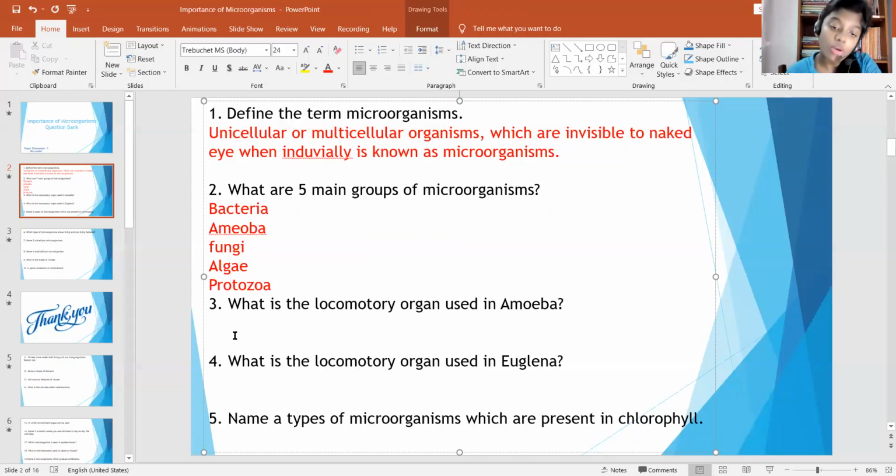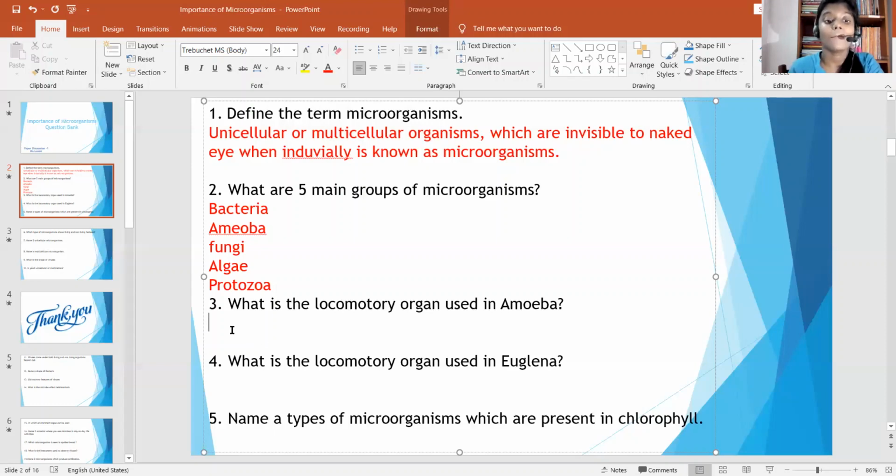What is the locomotory organ used in amoeba? You have even learned locomotory in grade 6. Locomotory means locomotion, animals moving from one place to another. Our locomotory organs are our legs, because we use our legs to move from one place to another. But amoeba is a kind of microorganism. How does it move?